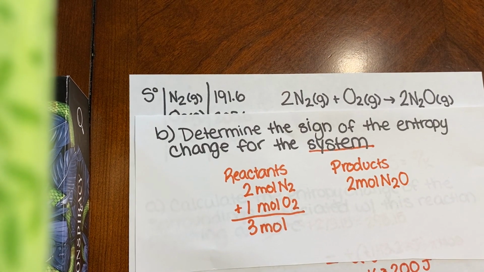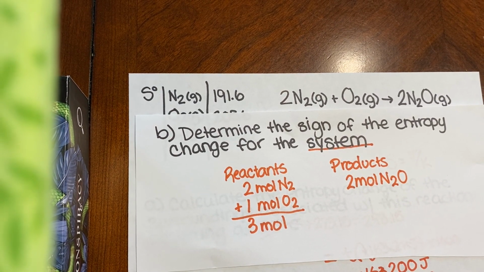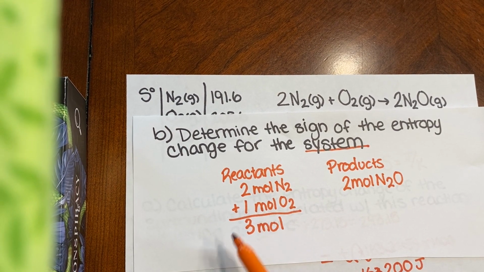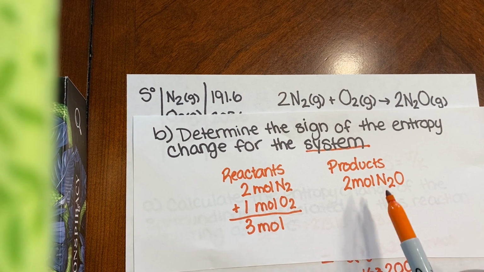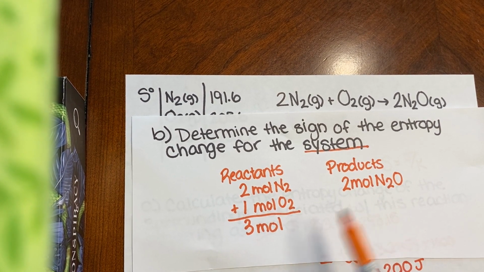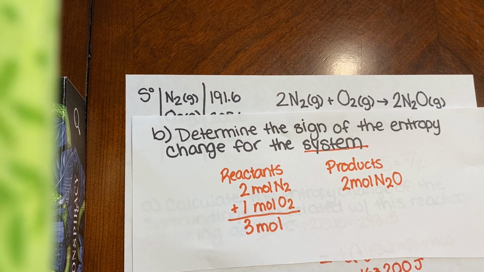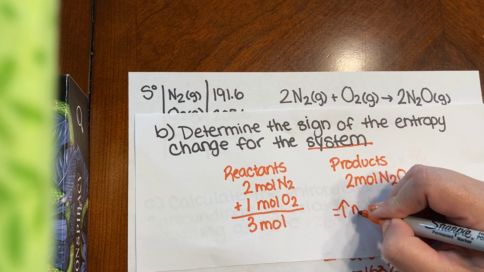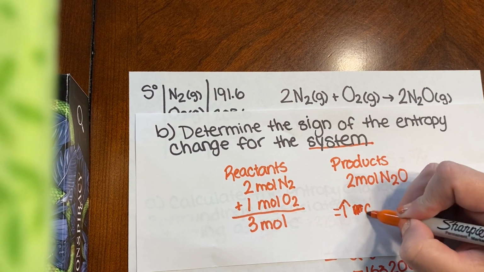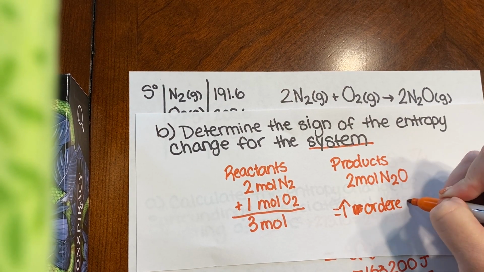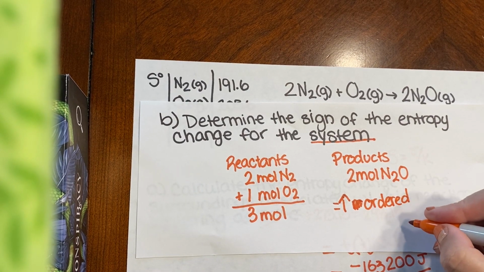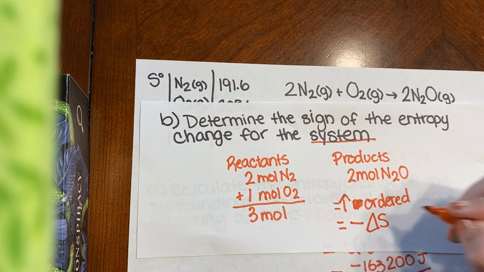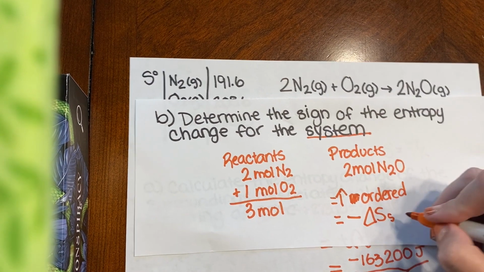If we think back to the previous video, then we know we're going from a lot to a little. When this happens, it's going to have to become more ordered. And when this happens, we have a negative delta S of the system.